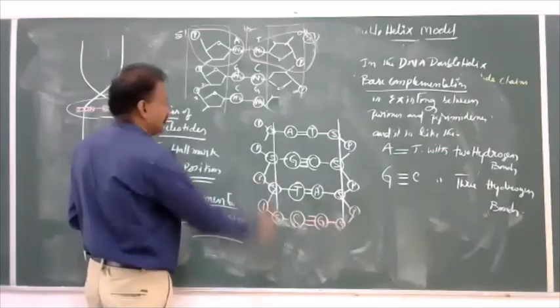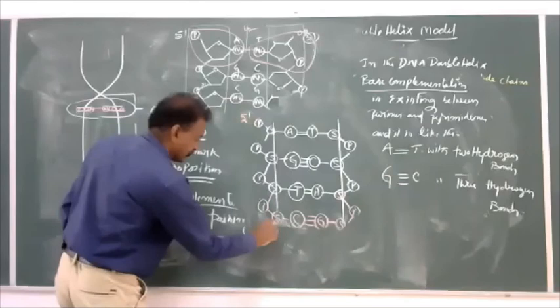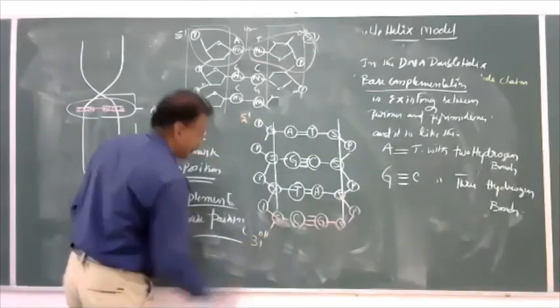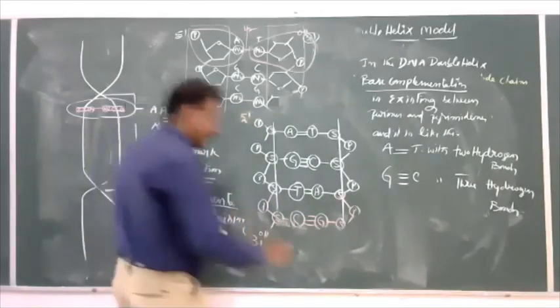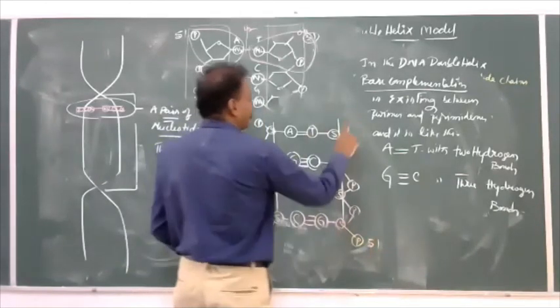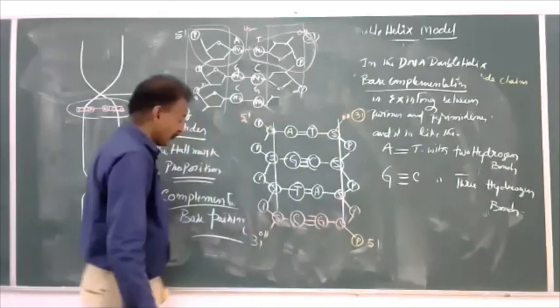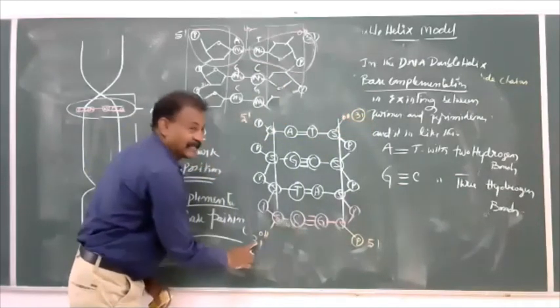And always DNA has polarity, 5' end phosphate, 3' end OH. So this is polarity.